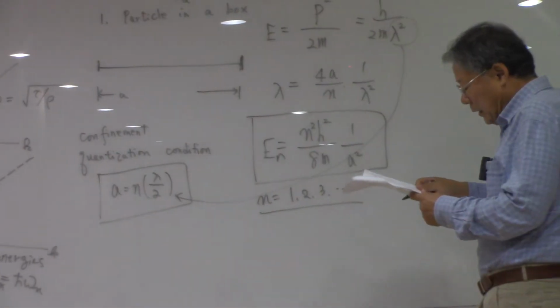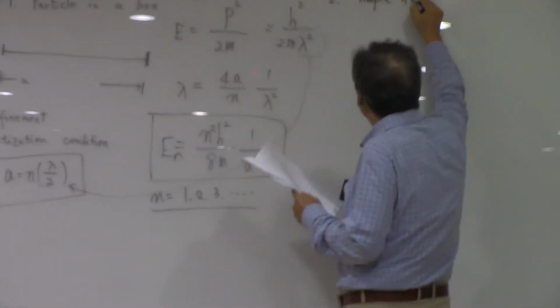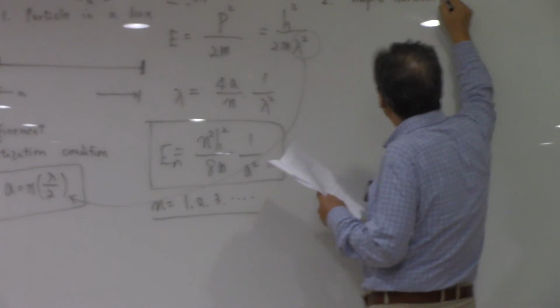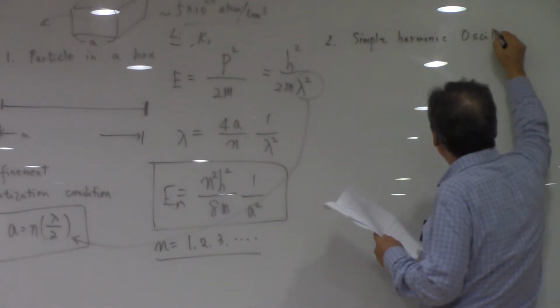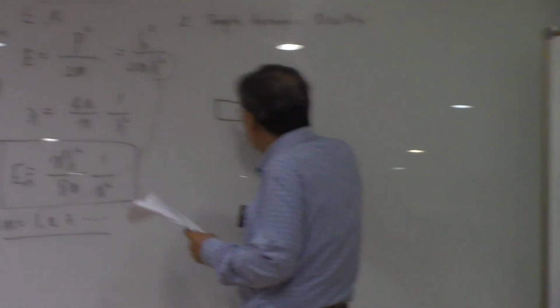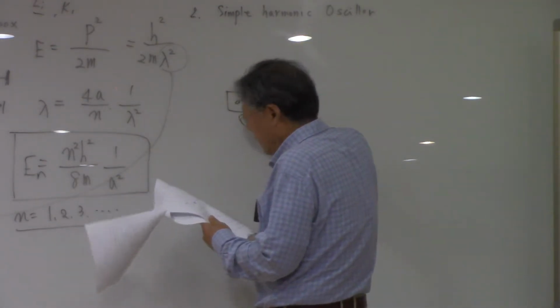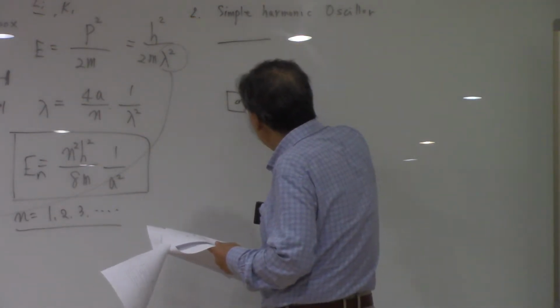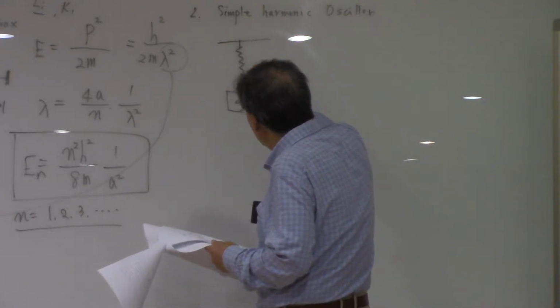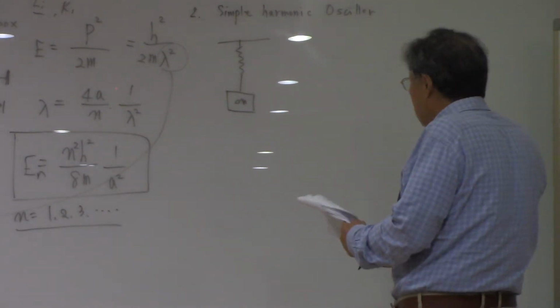Now, but in other cases, where the simple harmonic oscillator, let's suppose we have a system that the material, mass M, is going to be hanging by the spring like this, okay?